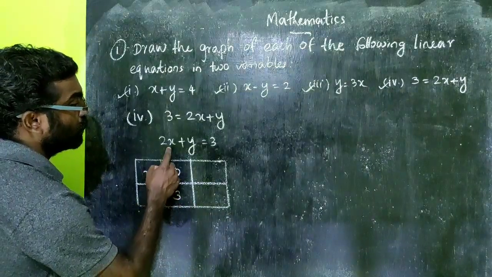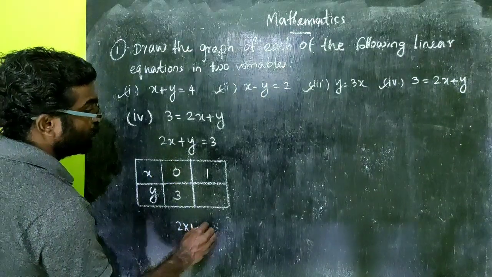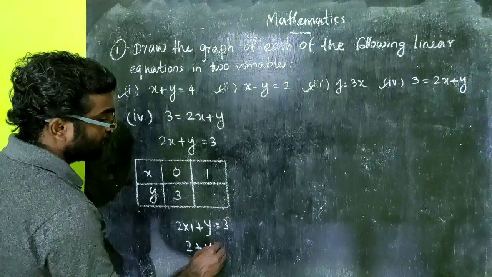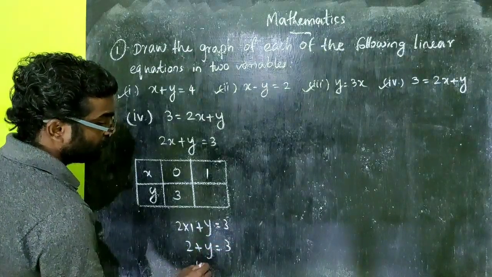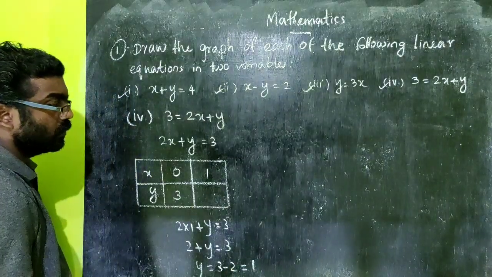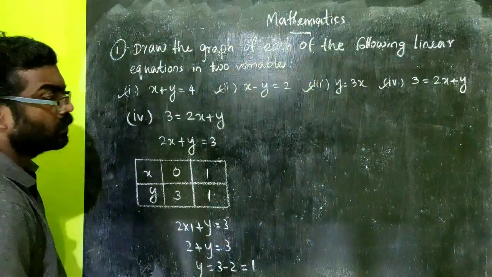And when x is equal to 1, 2 into 1 plus y is equal to 3, 2 plus y is equal to 3, or y is equal to 3 minus 2, which gives 1. So x is equal to 1, y is also 1.